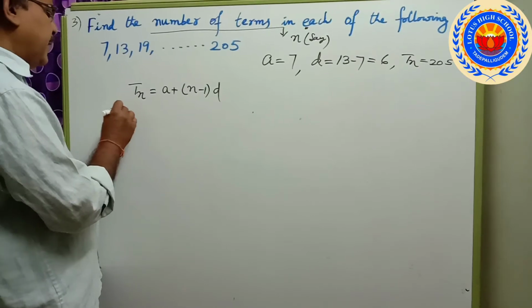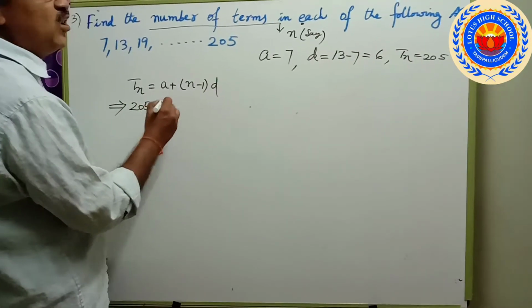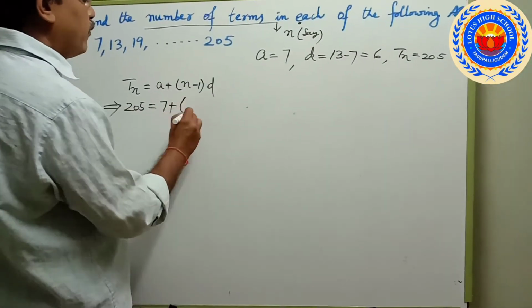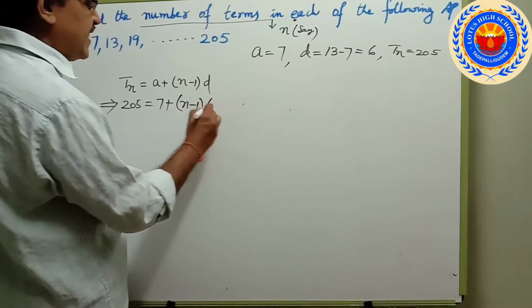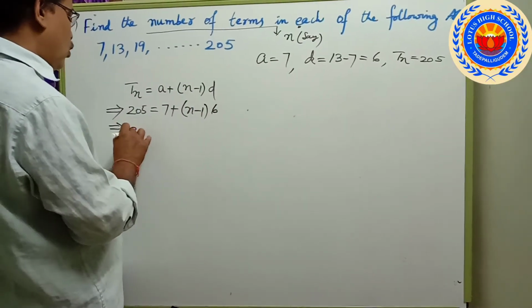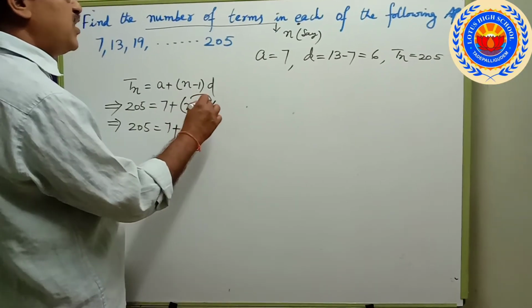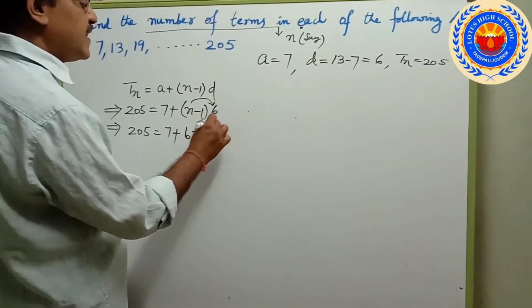Tn, that implies Tn, 205, is equal to a, 7, plus n minus 1, d, 6. That implies 205 is equal to 7 plus, by the distributive property, 6n minus 6.